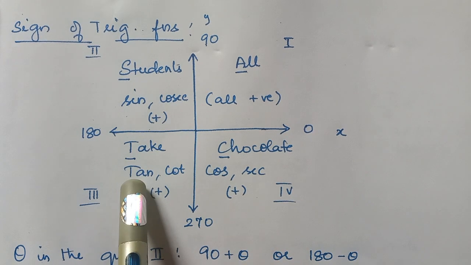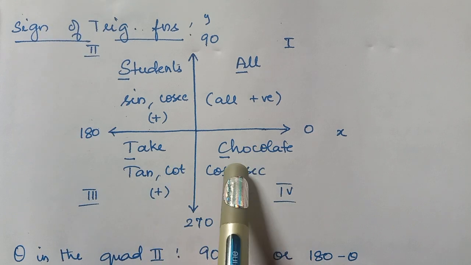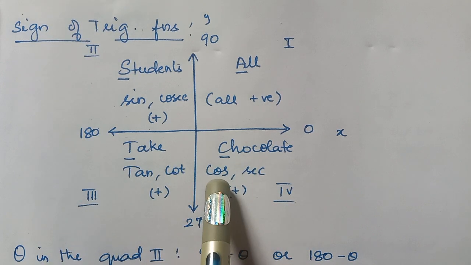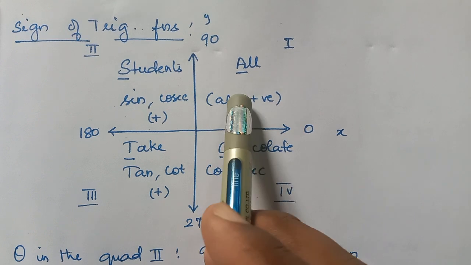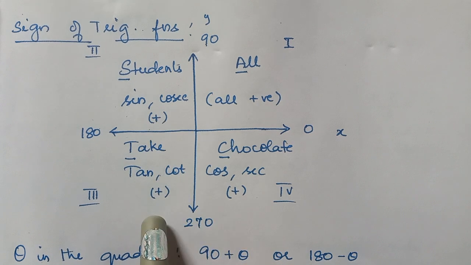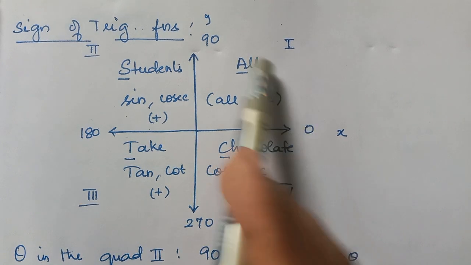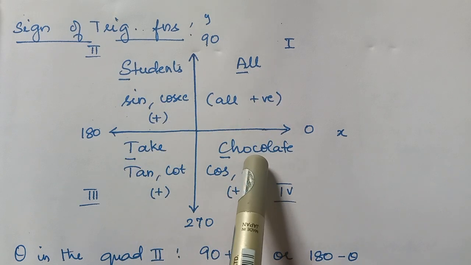Here T, tan's friend is cot, so tan and cot are positive. Here C, cos's friend is secant, so cos and secant are positive. So you must know this: all students take chocolates.